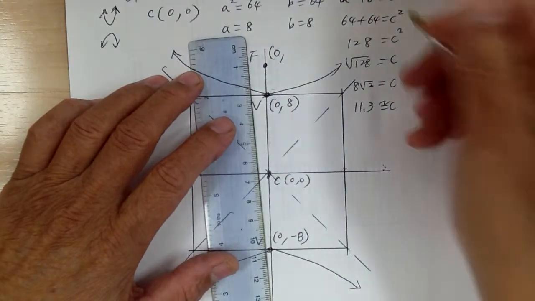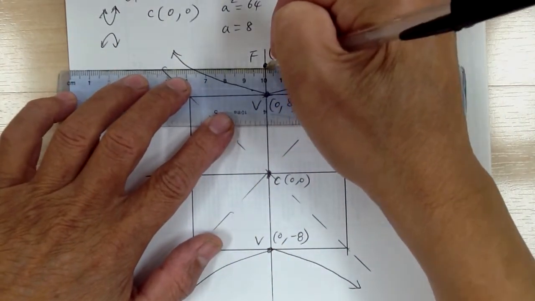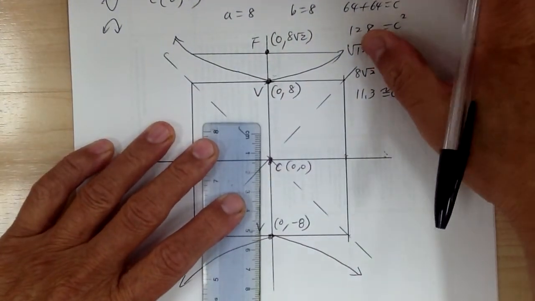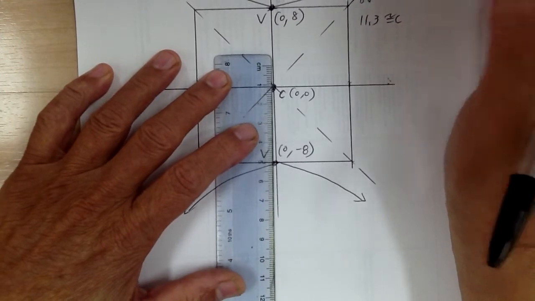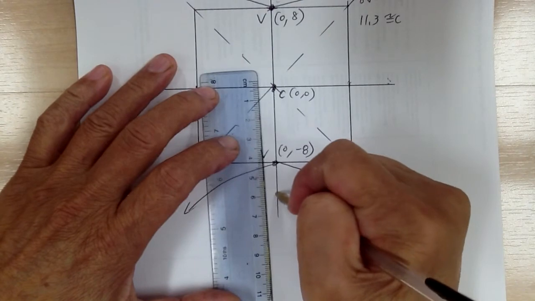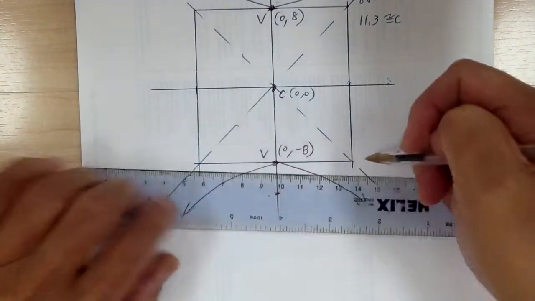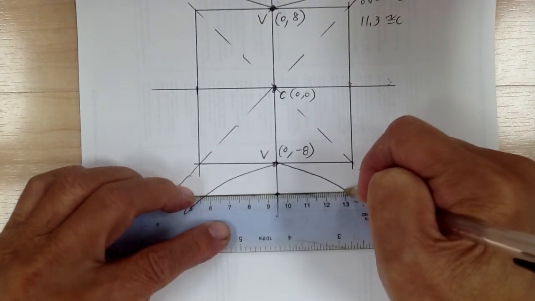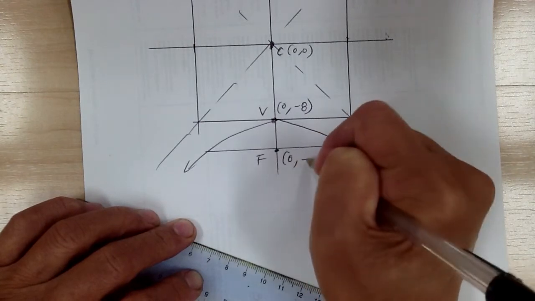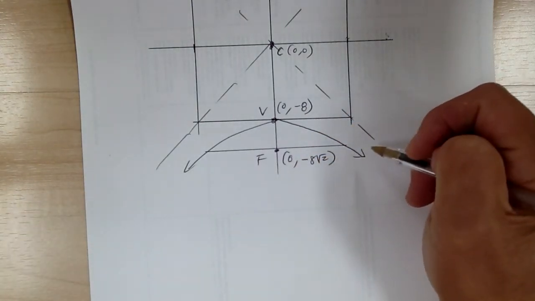So it'd be 0, comma, 8 square root of 2. Okay, so the other focus would be 0, comma, negative 8 square root of 2.